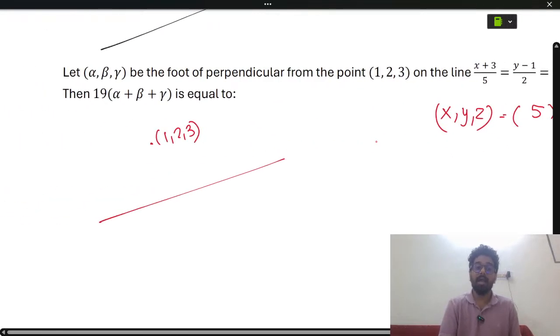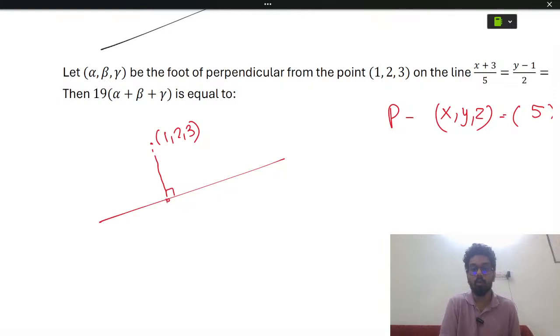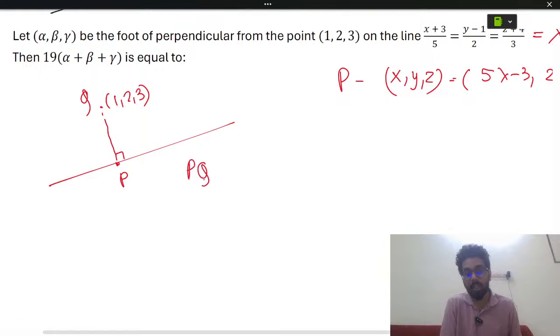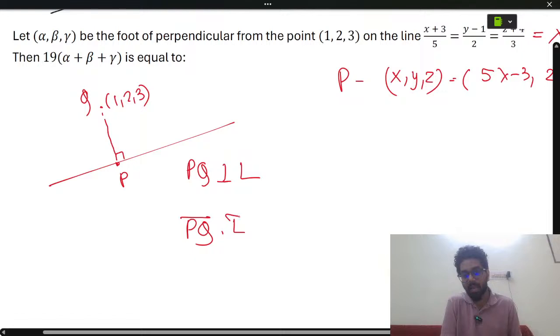But if I want this point P to be exactly the foot of the perpendicular over here, then the direction ratio of this point P and point 1, 2, 3, let's call it point Q, so we will say PQ vector is perpendicular to the line. So PQ vector dot L vector should be 0.